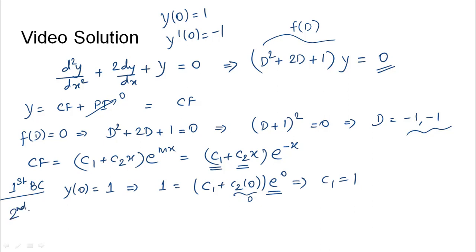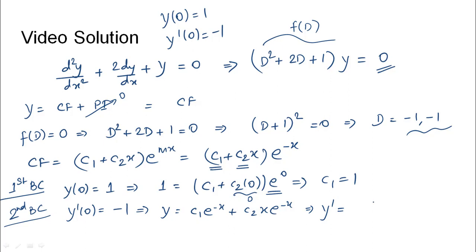Now using the second boundary condition, y'(0) is minus 1, we need to differentiate y, that is c1 plus c2x into e to the power minus x. Here y is c1 e power minus x plus c2 x e power minus x. On differentiating, y dash equals c1 times minus e to the power minus x, plus c2, which is a constant and can be taken out.